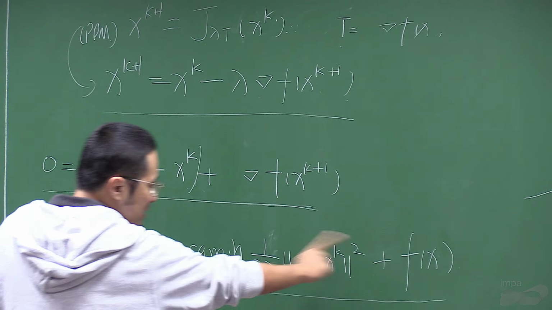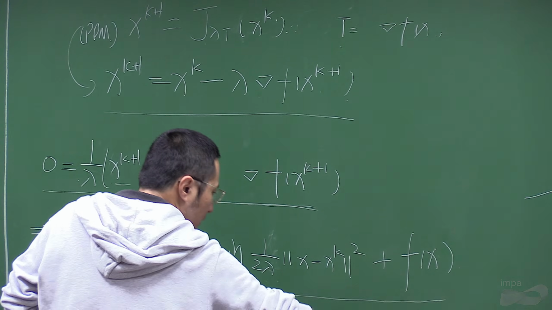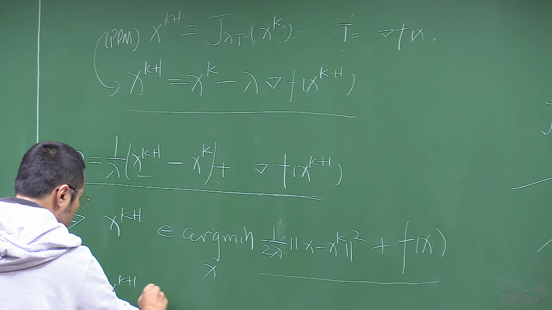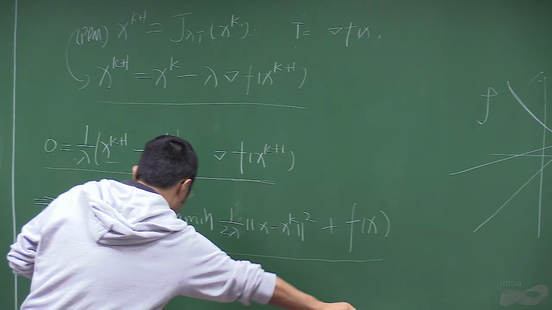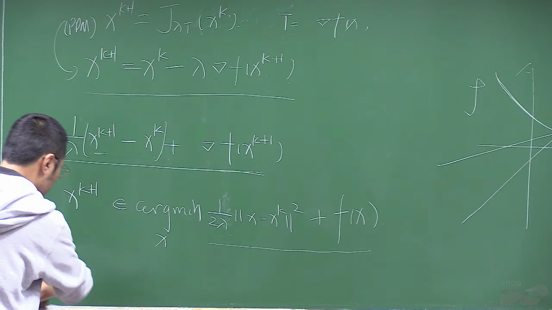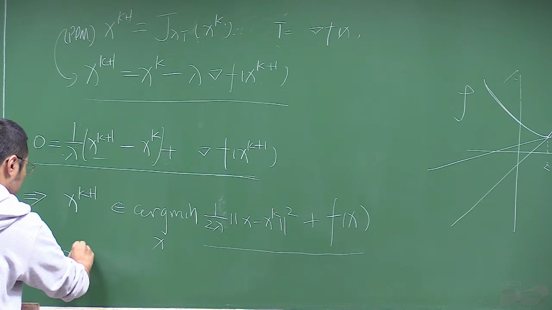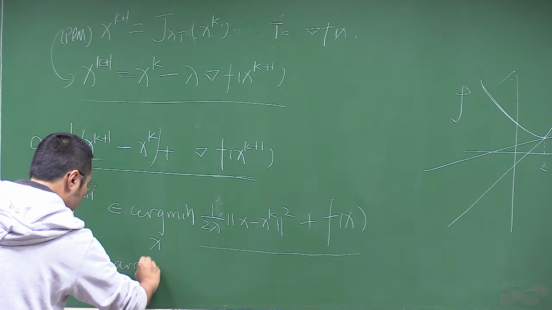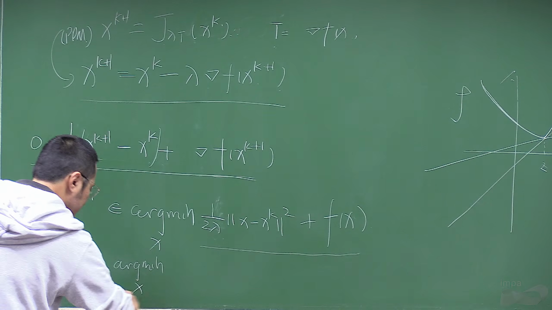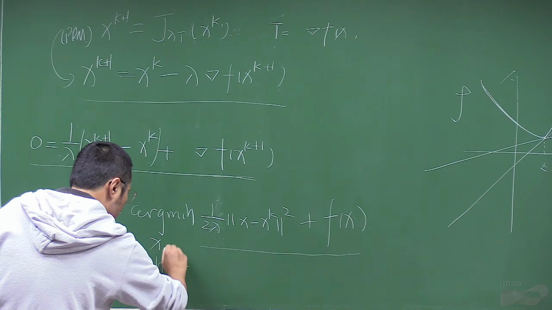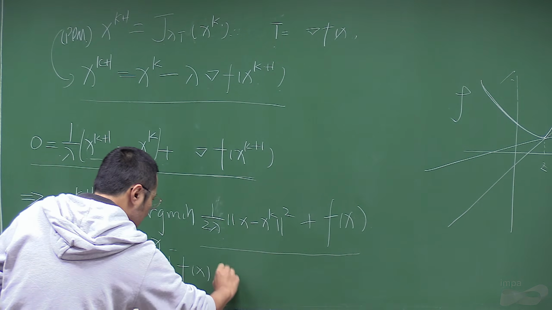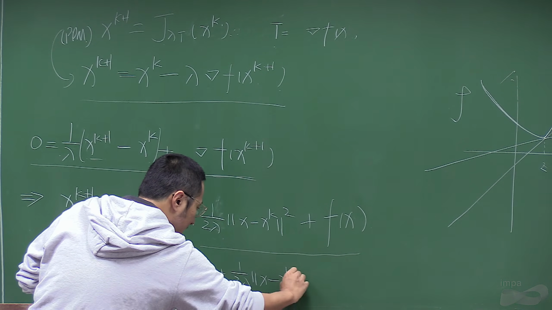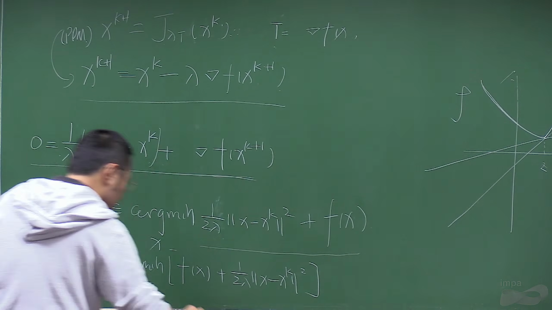Of course, if we change the order, then we get that xk plus 1 belongs to the argmin over x of f of x plus 1 over 2 lambda times the norm of x minus xk squared.